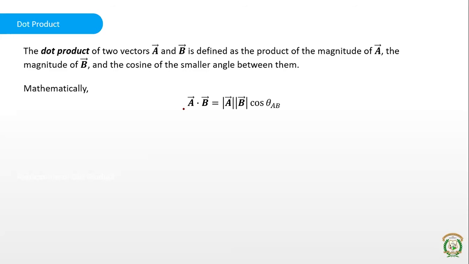This is the scalar multiplication: multiplication of a vector by another vector, which yields a scalar product. Scalar product or dot product a dot b is equal to the magnitude of a, times the magnitude of b, multiplied by cos of the angle between a and b. The angle between a and b is indicated as theta ab.